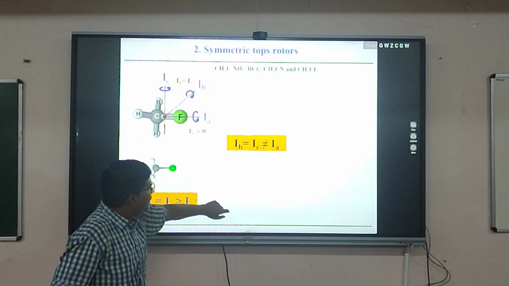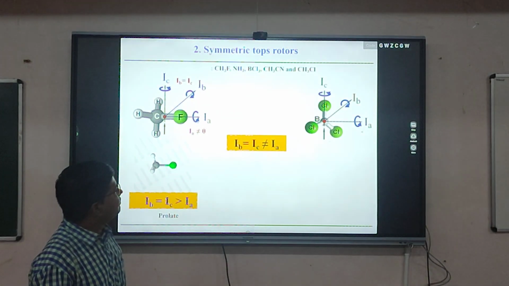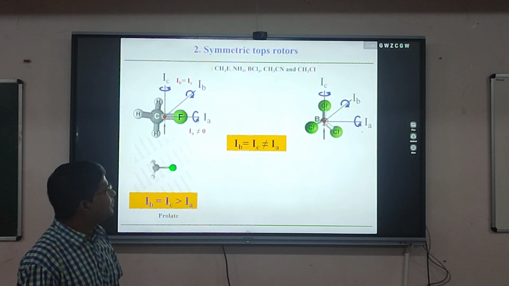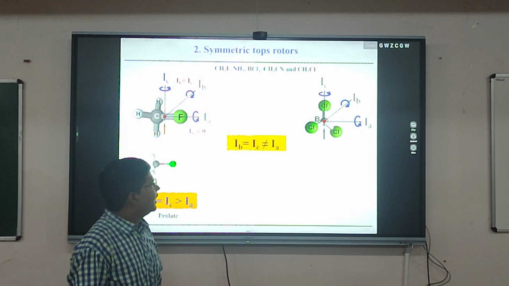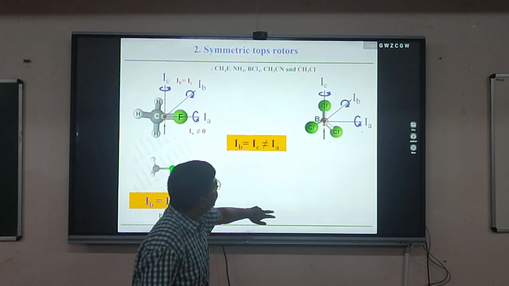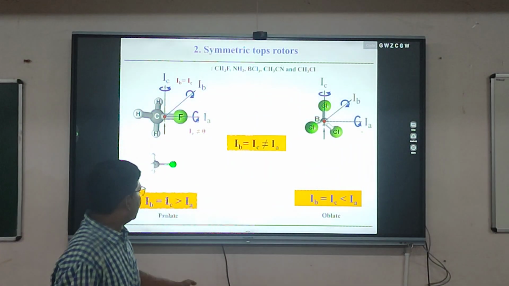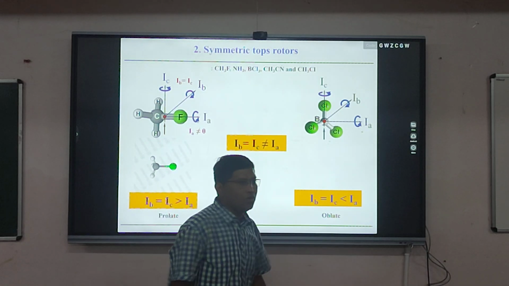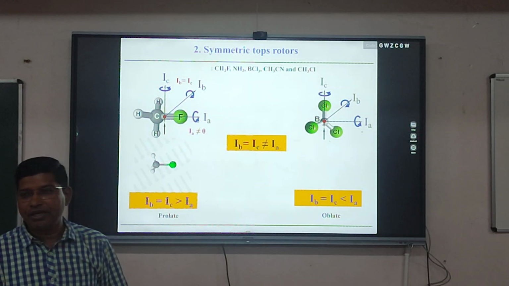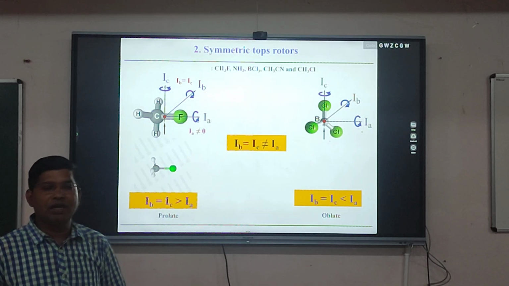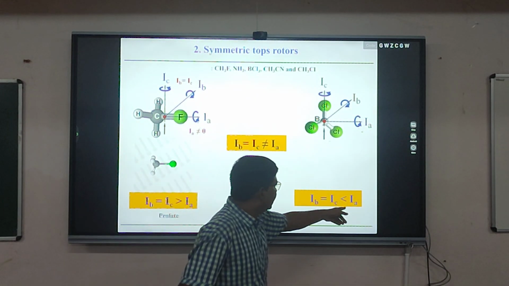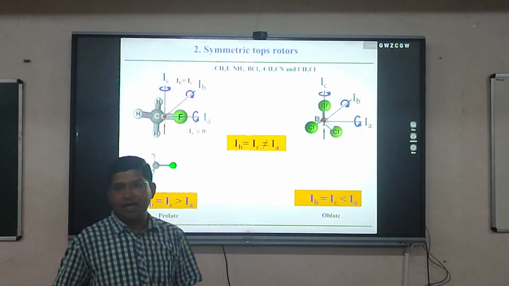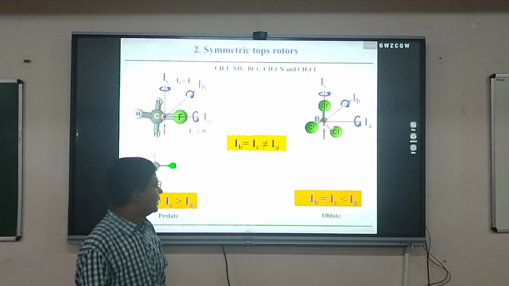Then another condition is for BCl3, because here the atoms attached to the carbon are heavier than the carbon, so the condition will be different. Here we need more moment of inertia for rotation along the bond axis compared to the rotation in the plane and perpendicular direction.